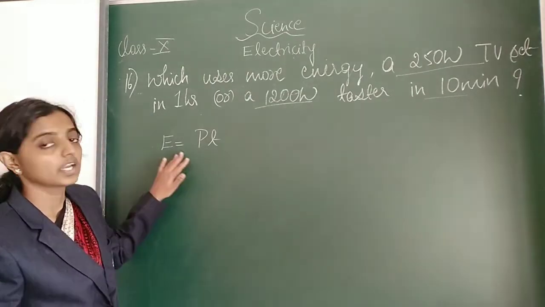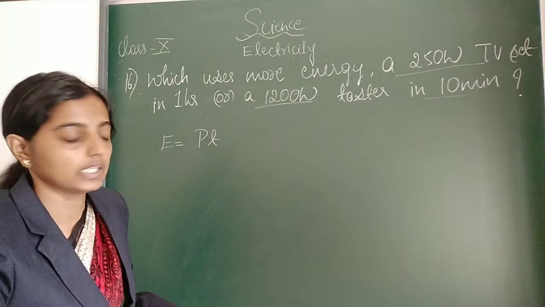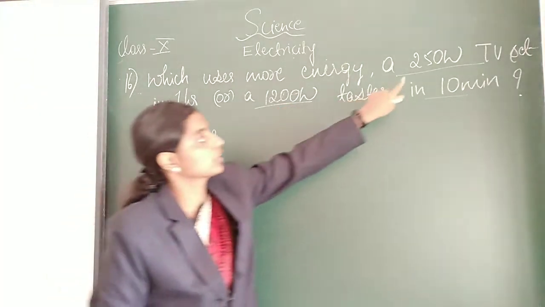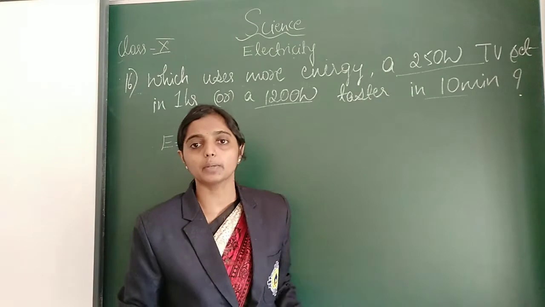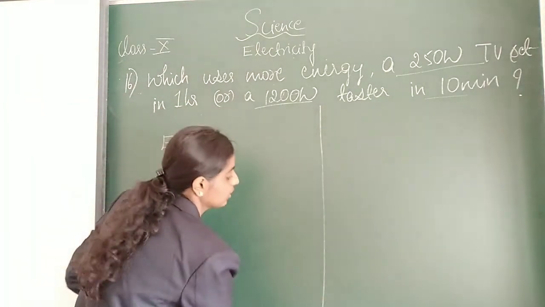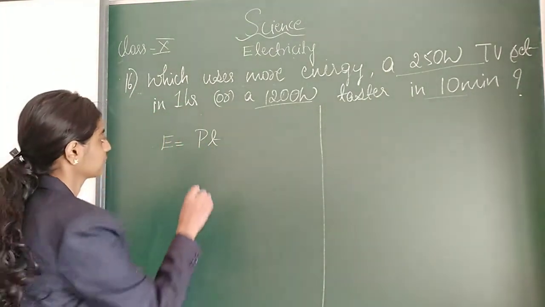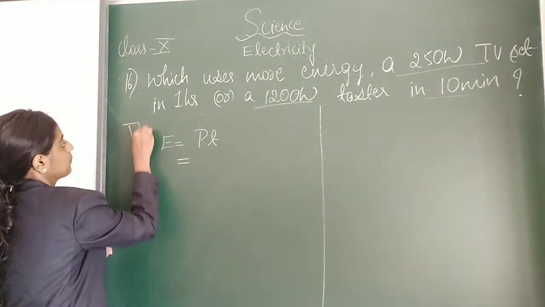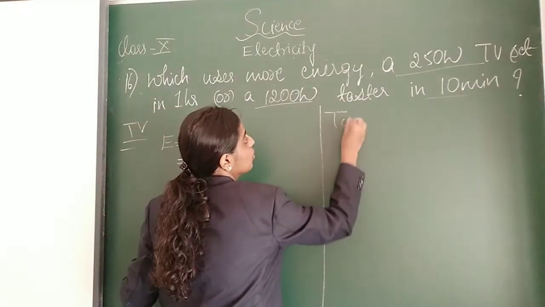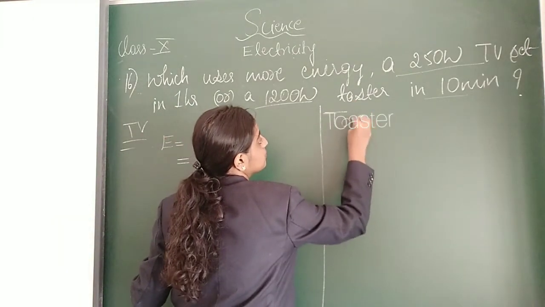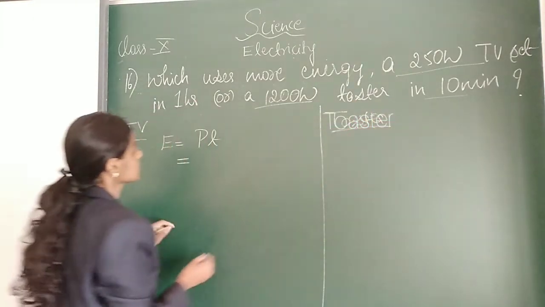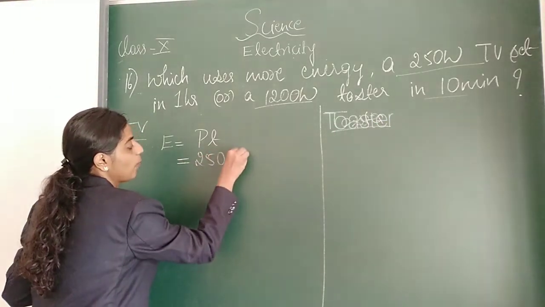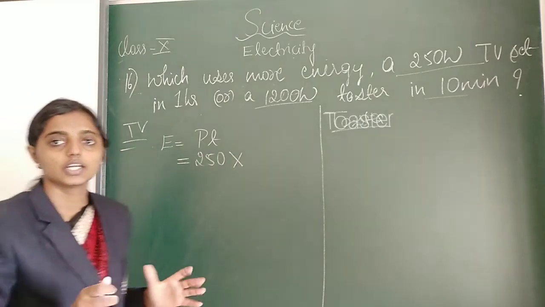So here let us take E is equal to PT, and here we have power, which they have given as 250 watt, that is nothing but power, right? So let us calculate first for TV. E is equal to PT, P is what? This is for TV, and this we will calculate for toaster. See here, P is given as 250 watt, and again observe here time.